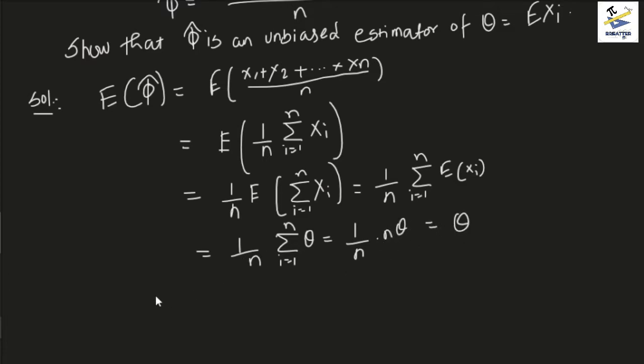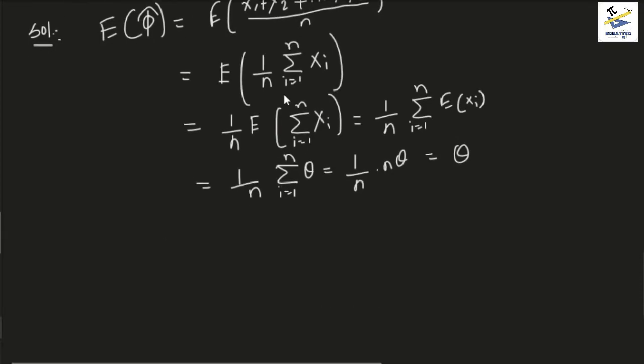Therefore, we see that E of theta hat is basically equal to theta, which means theta hat is an unbiased estimator of theta, and that is why it is unbiased, and the problem is solved.